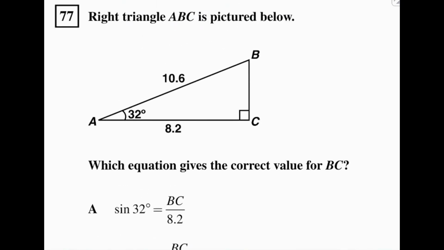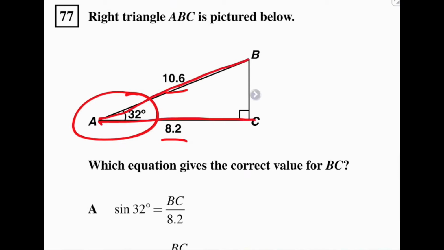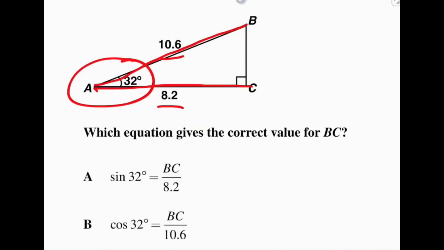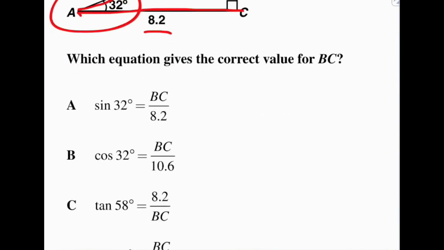So which sides are we looking at in relation to angle A? We're looking at the adjacent side and the hypotenuse. So which trig function talks about adjacent and hypotenuse? That's right, it's cosine.